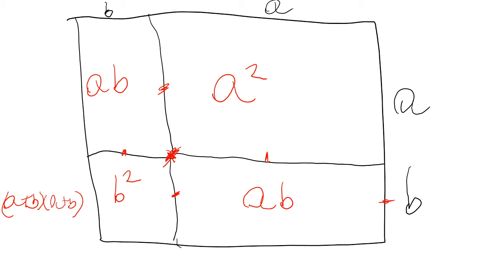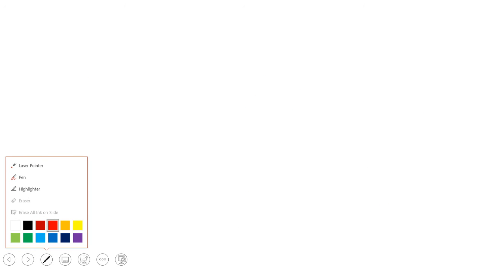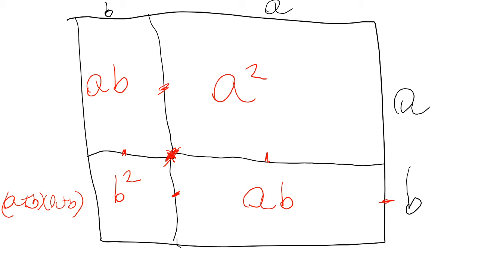So the area of the entire square is a squared plus 2ab plus b squared, right? Because this is just this product of binomials. It's a factorization of the area of the entire thing.